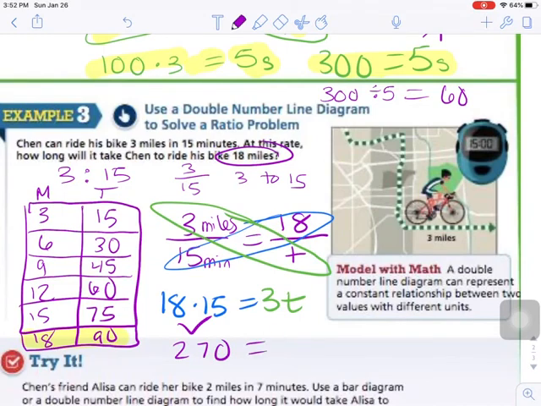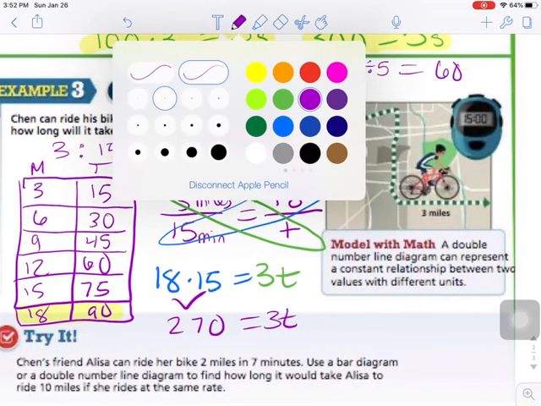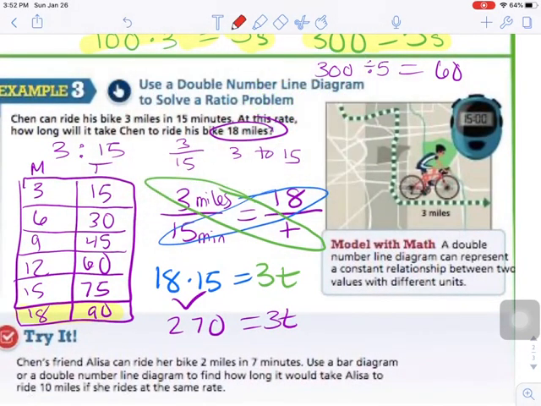And I'm going to set that equal to 3T. My apologies. And now I can undo the operation. So now I can say, okay, 3T is multiplication, so to undo, I'm going to divide by 3 on both sides. So 270 divided by 3 is 90. So my time would be 90 minutes.